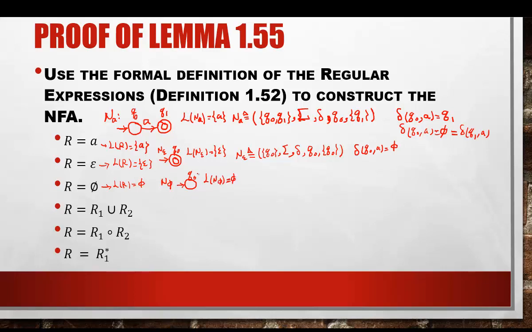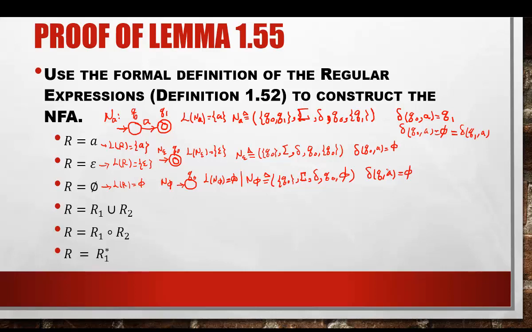By definition, N sub phi is a 5-tuple: the set Q sub 0 of its states, sigma, delta, Q sub 0, and the empty set as your set of accept states. You don't have any accept states, and delta of Q and any letter is going to be phi. So there's one state that doesn't have any outgoing transitions, and it recognizes the empty set.